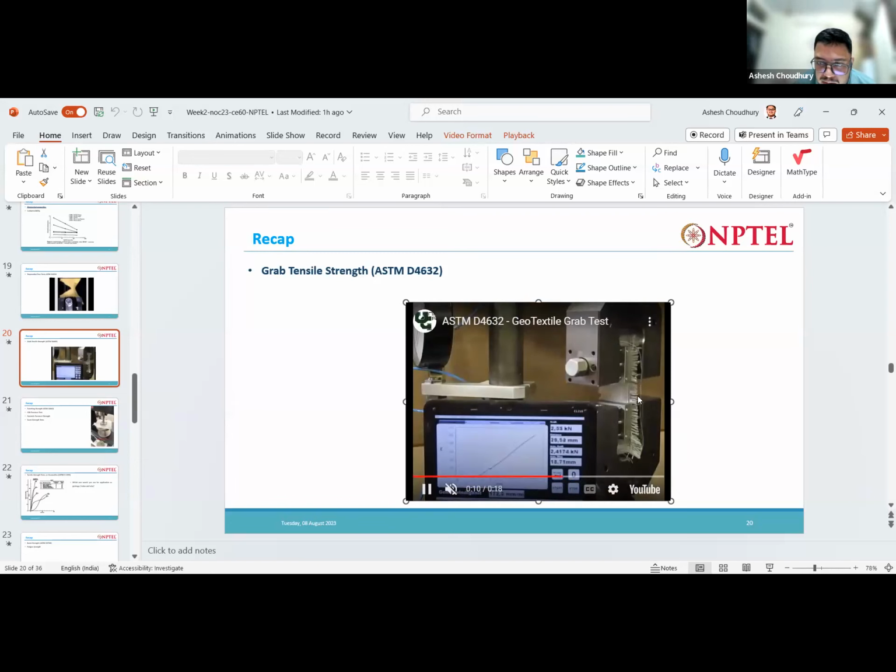As soon as the rupture occurs, this graph falls down. See, rupture occurs, this also falls. This curve can't stop.